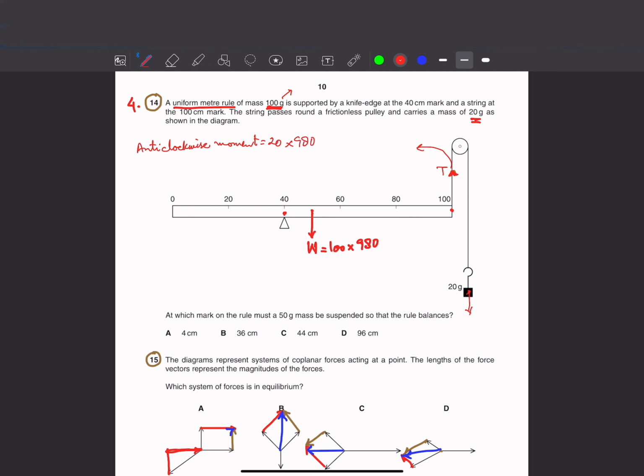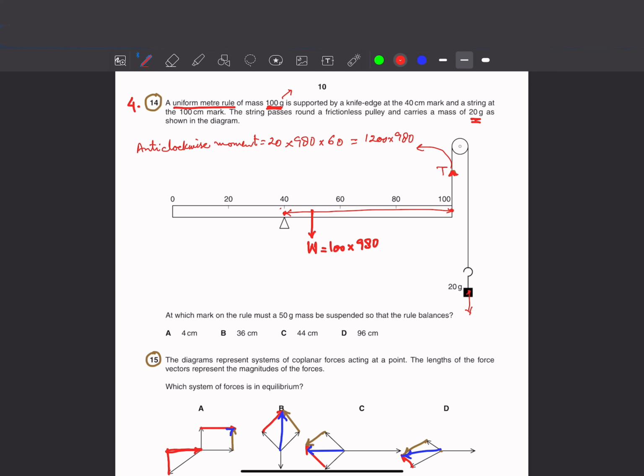So this is the force. But for this force, what will be the perpendicular distance? So this will be the perpendicular distance. This distance is nothing but 100 minus 40, which will give you 60. So when you calculate, the result will be something like 1200 into 980.